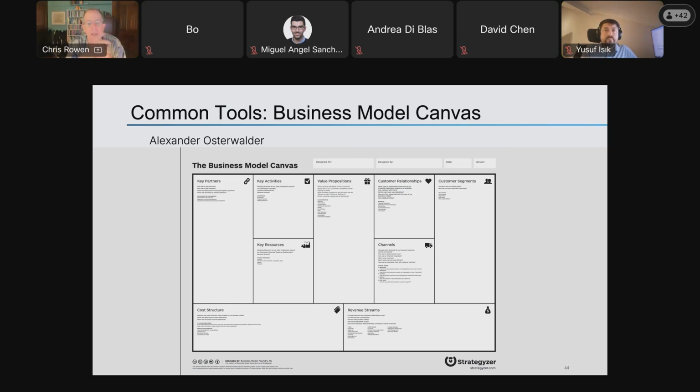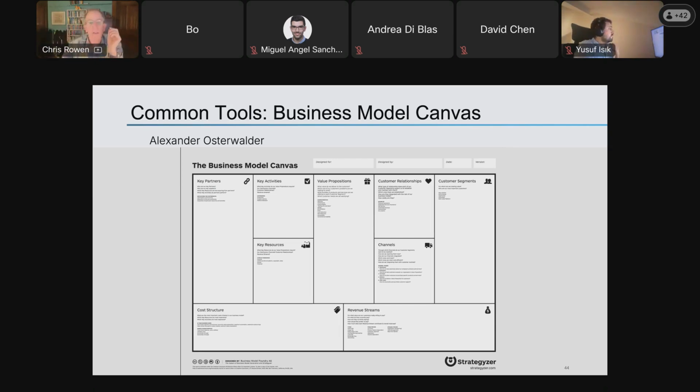And it really is a summary of all of these different components of analysis that you do, talking about at the center value propositions, and then on the right-hand side, it's really about channels and how you fit into the external market. And on the left is key activities, resources, partners. And at the bottom, you have the two pieces of the business. What did it cost you to build it? And what revenue did you get from it?